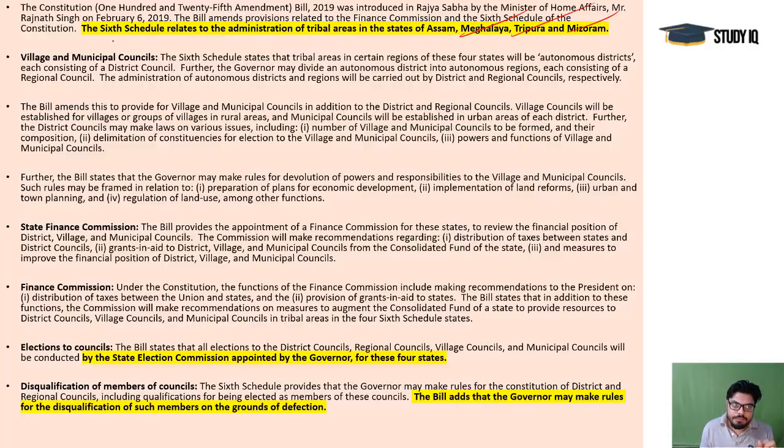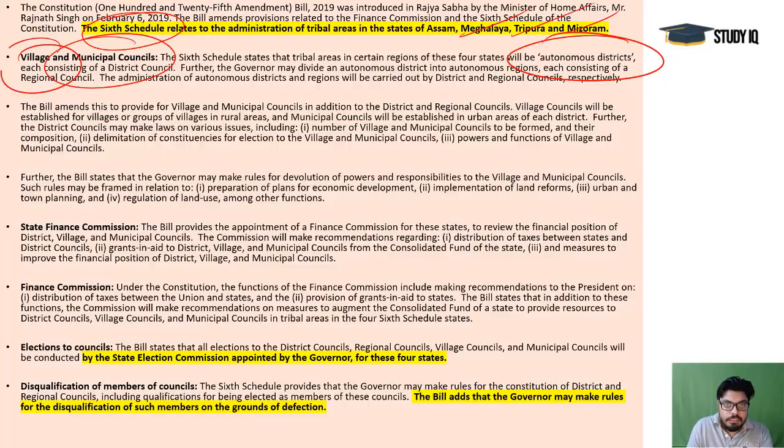4 states are there which the 6th schedule deals with, and autonomous districts are given in this particular schedule, and it talks about the district autonomous councils which manage the issues. Their elections are held, and the governor has many powers regarding these autonomous districts. If we talk about the discretionary powers of the governor, these are the maximum in these 4 states. And this amendment is regarding additional village and municipal councils which were not there earlier.